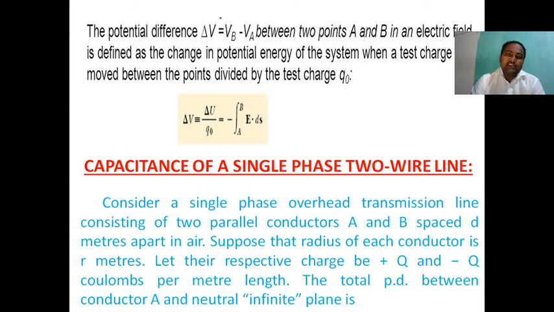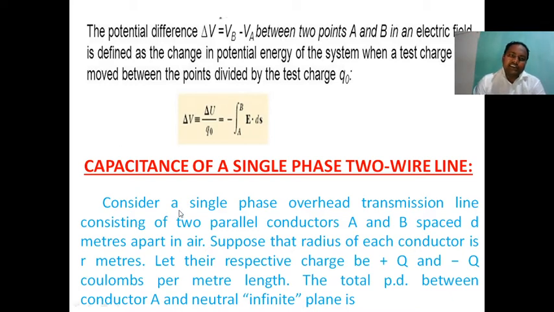In inductance calculation, the two have opposite currents: if conductor A is plus I, conductor B is minus I. Similarly, if the charge of one conductor is plus Q, the charge of the other conductor is minus Q. We represent the charge as Q or rho, whichever it is.